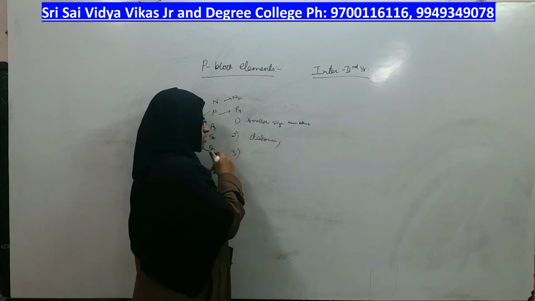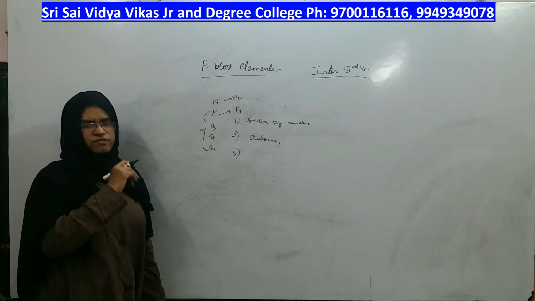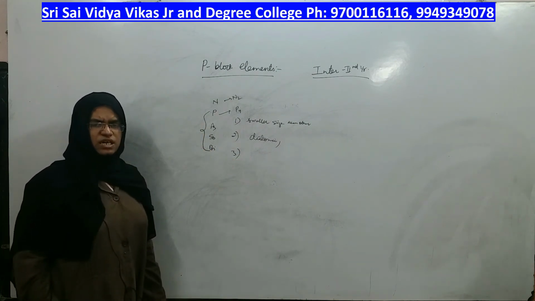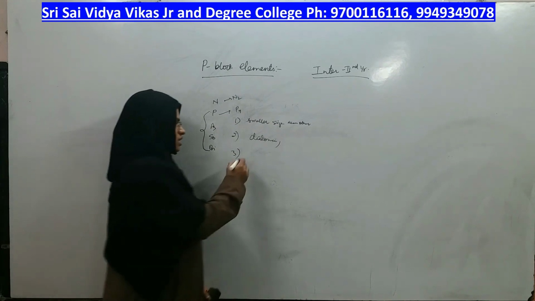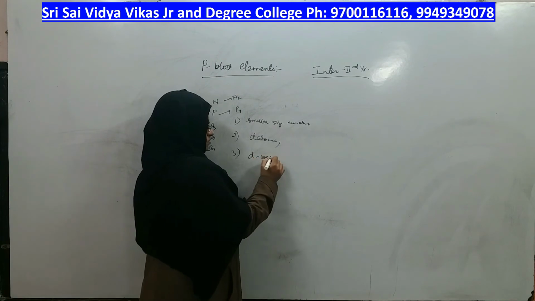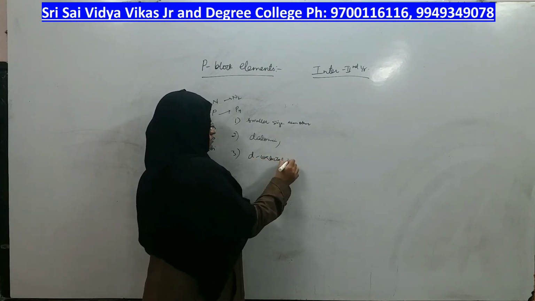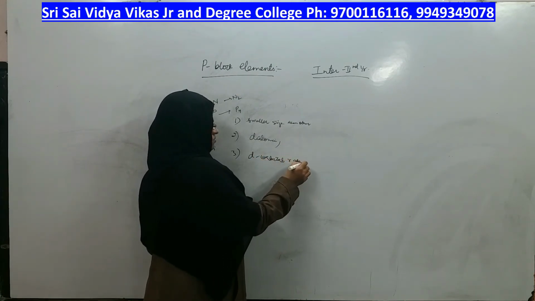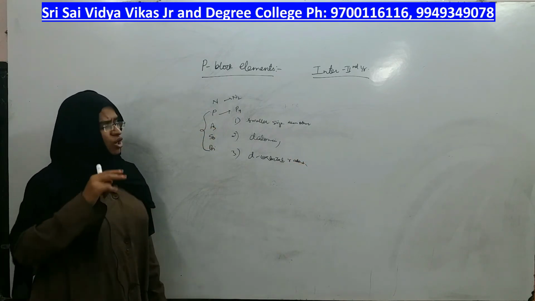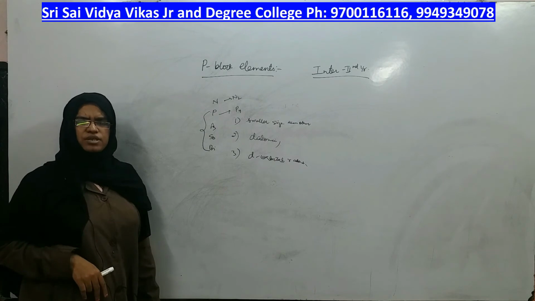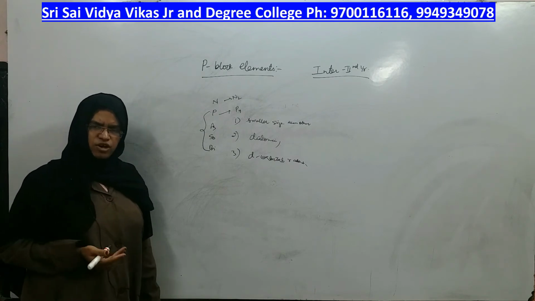The next abnormal nature of nitrogen is that empty d orbitals are absent in nitrogen, but all other elements have empty d orbitals. Will they be involved in bonding?